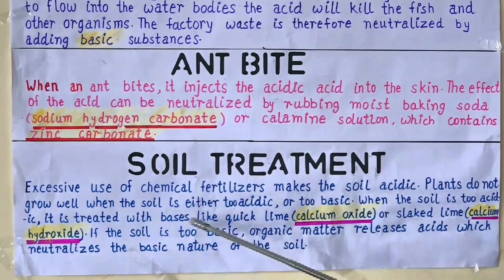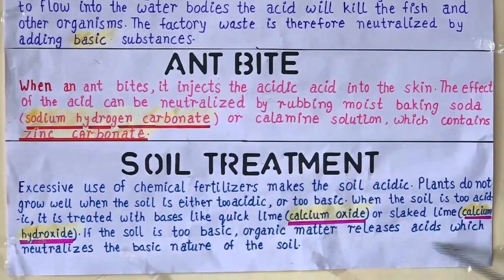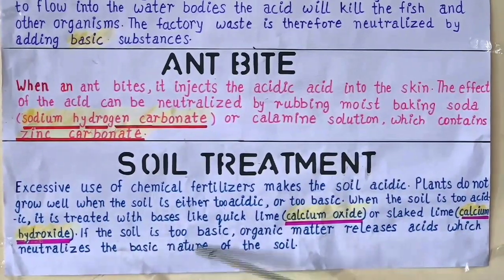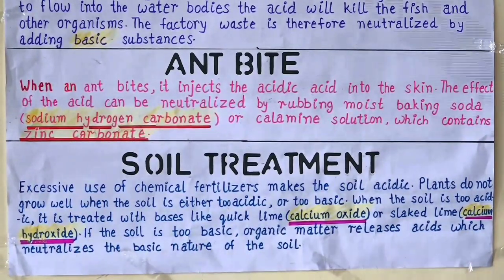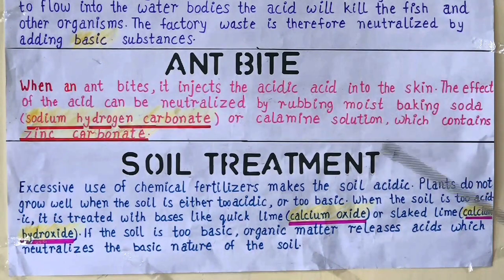If the soil is too basic, organic matter releases acid which neutralizes the basic nature of the soil. So before planting plants or seeds, we should test the soil and neutralize it.